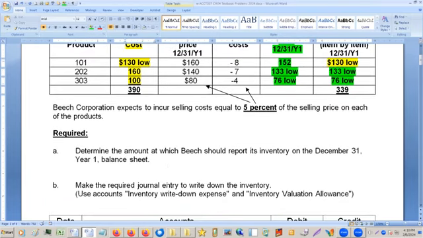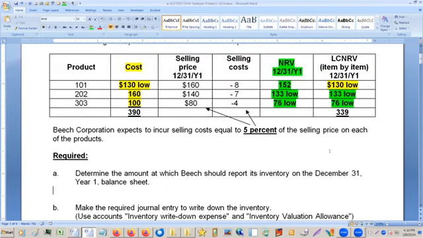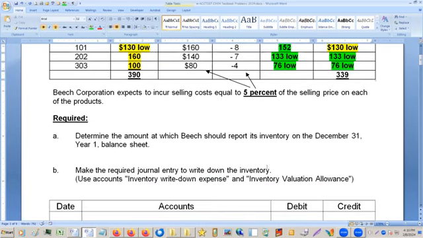How much do they report on their inventory on their balance sheet? Well, they should report 339. So that's on the balance sheet.